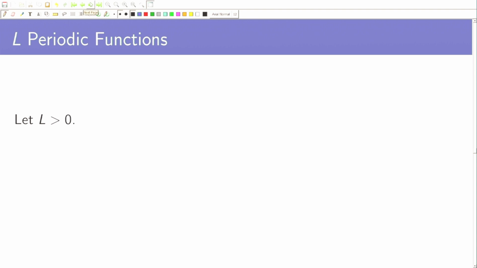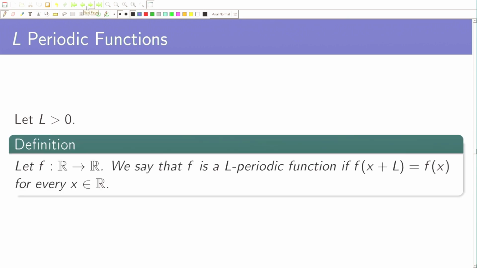So, now what is an L periodic function? I take a positive L. Now, we define a function f from R to R, and we say that f is L periodic if f of x plus L is equal to f of x for every x. That means, after the length L, suppose my L is 1.